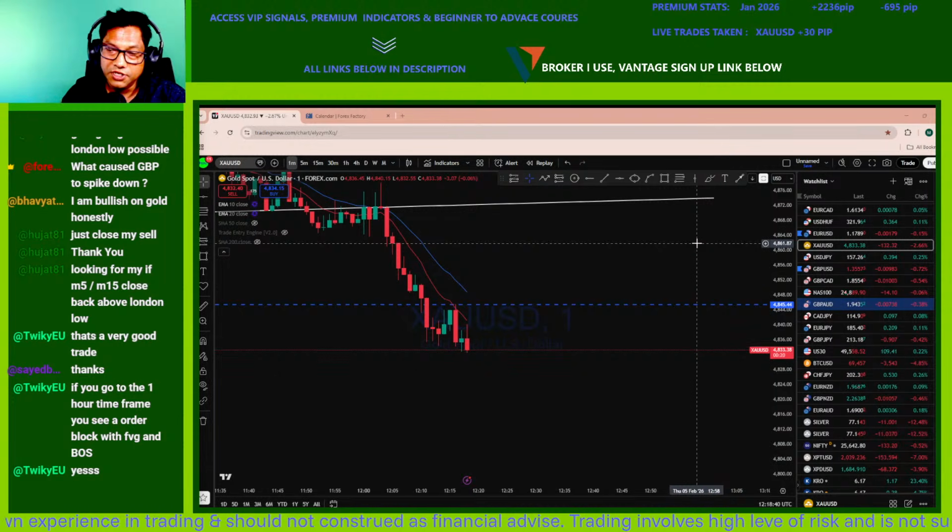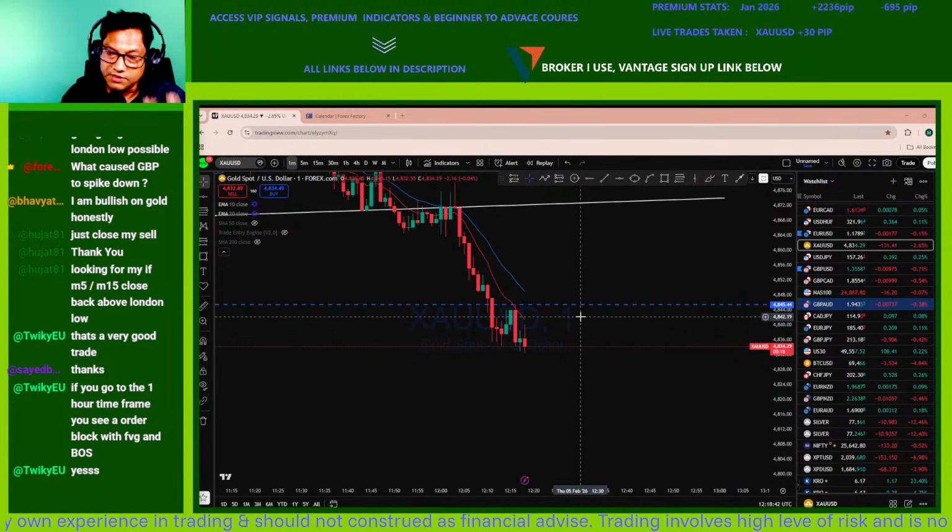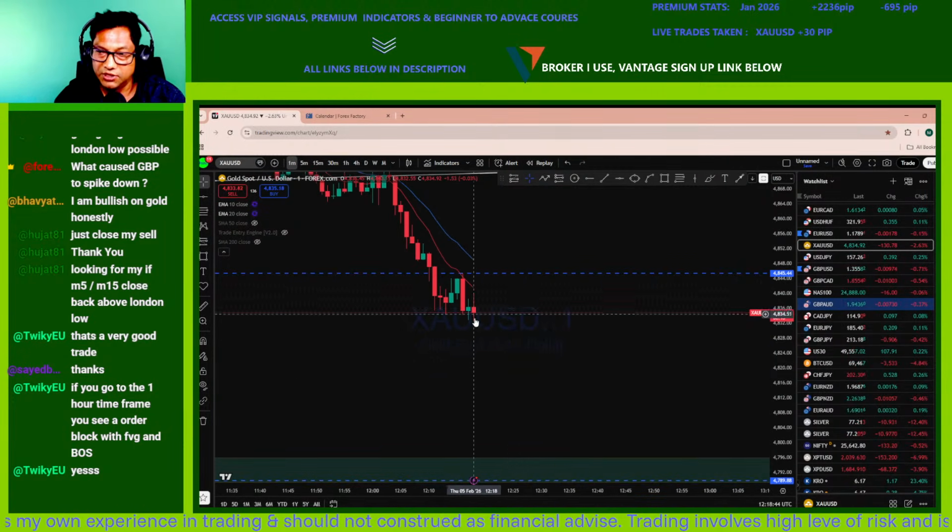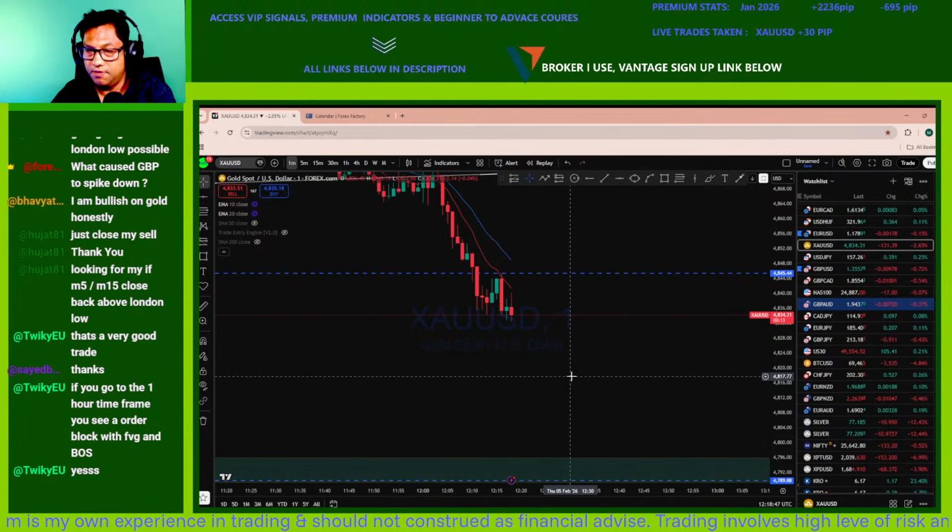Showing up to be bearish here in that area, and you can see the market is maintaining that downtrend, and we could see the price continue to trend back below here to the support level.